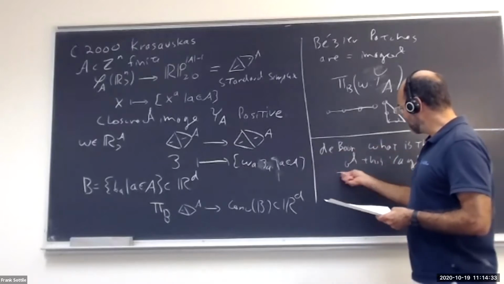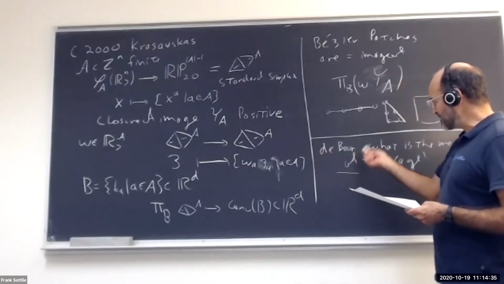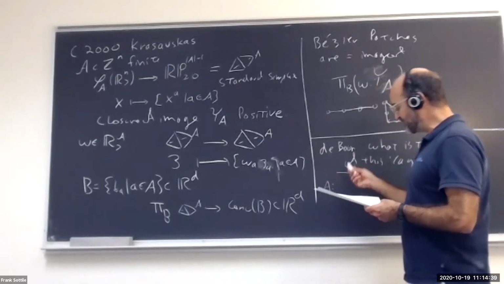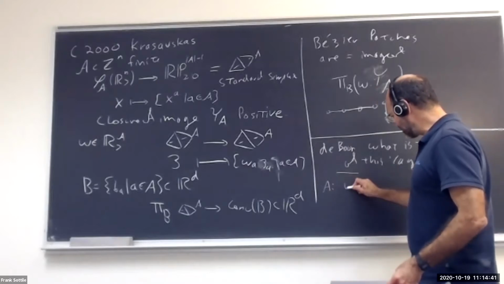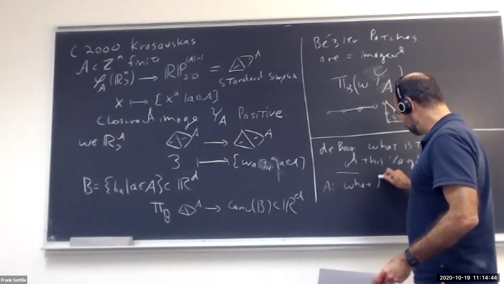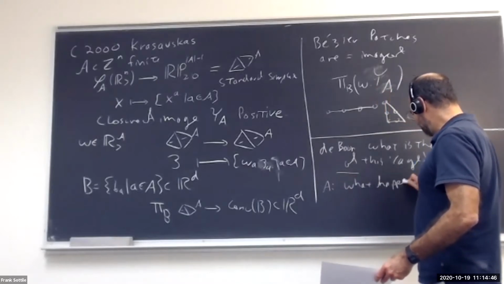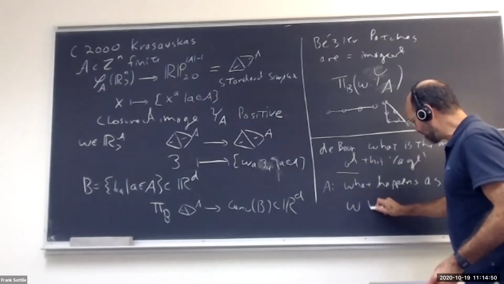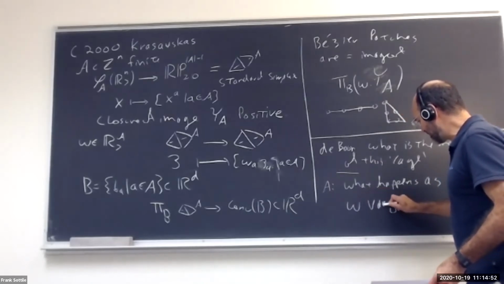I'm not going to describe this to you, but a way to begin to see an answer is to consider what happens to the patch as you change these weights.